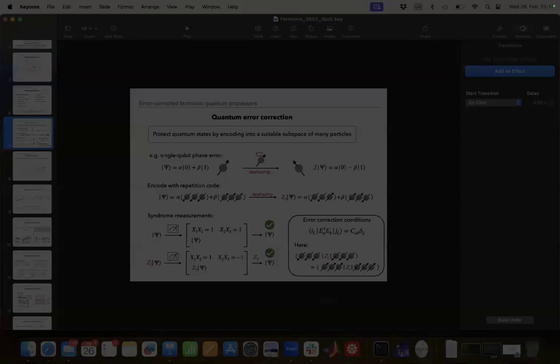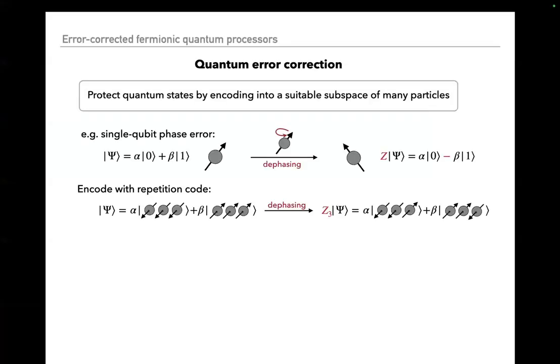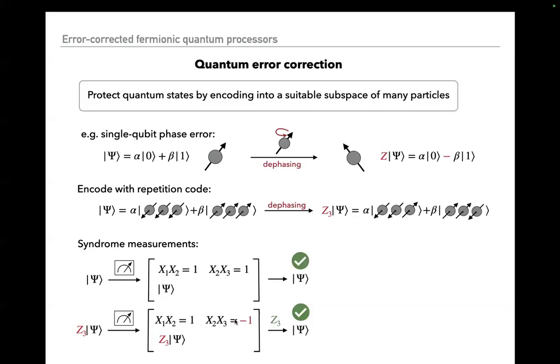I think you can see it from this example over here. I showed this example where a single Z3 error hits the state. When I measure these operators, I notice there's a Z3 happening, and I apply a Z3 and get back the same state.